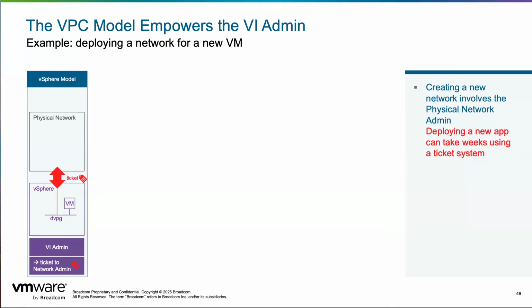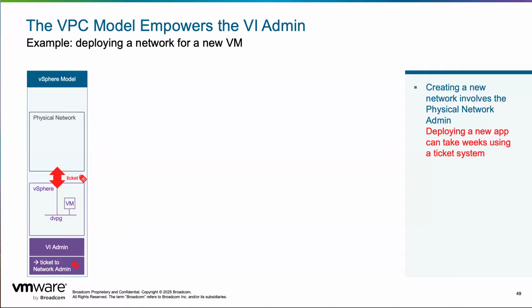Let me try to reframe, if you want, the benefits of the VPC model, comparing it with using vSphere alone and VLANs in the physical infrastructure, and even NSX without VPC. So let's start with the vSphere model.